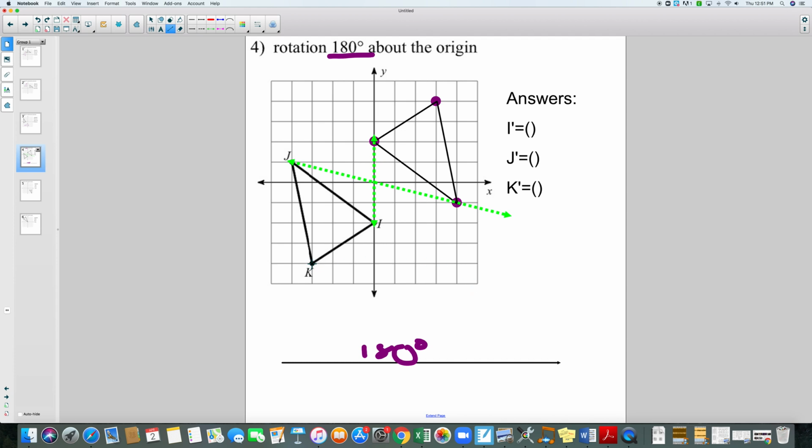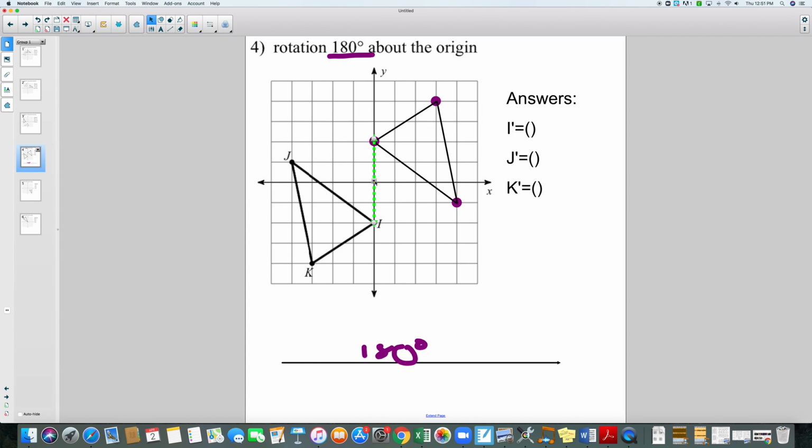Let's look at K. If I take K and go through that center axis, I can see that if I connect K and K prime, it creates a straight line. All right? I'll do a few more of those examples, or how to do that, in the next couple examples.